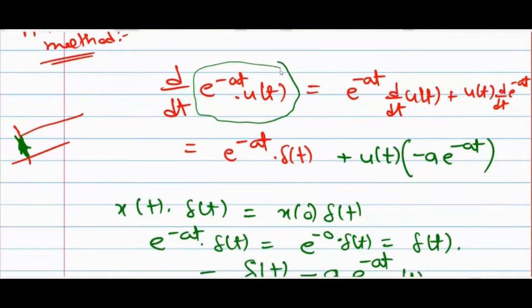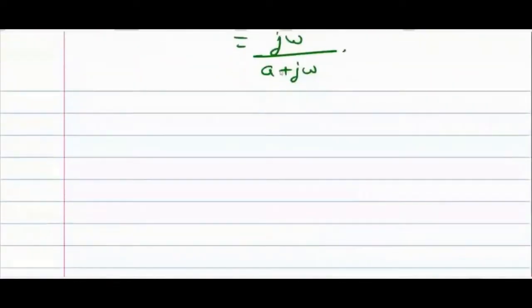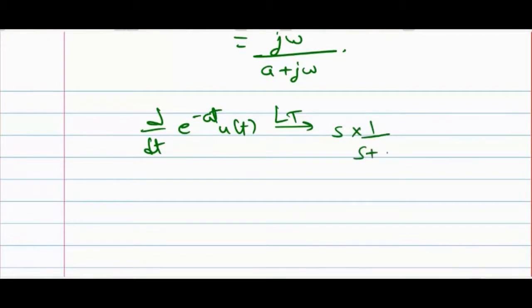Okay. Similarly, if you try the Laplace of d by dt e raised to minus at into u of t: by Laplace, its Laplace transform is s into the Laplace of e raised to minus at u of t, which is 1 upon s plus a.